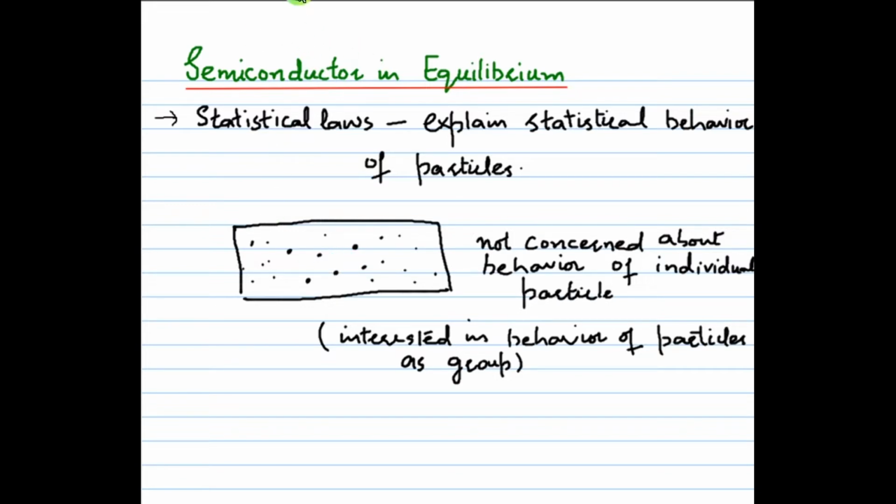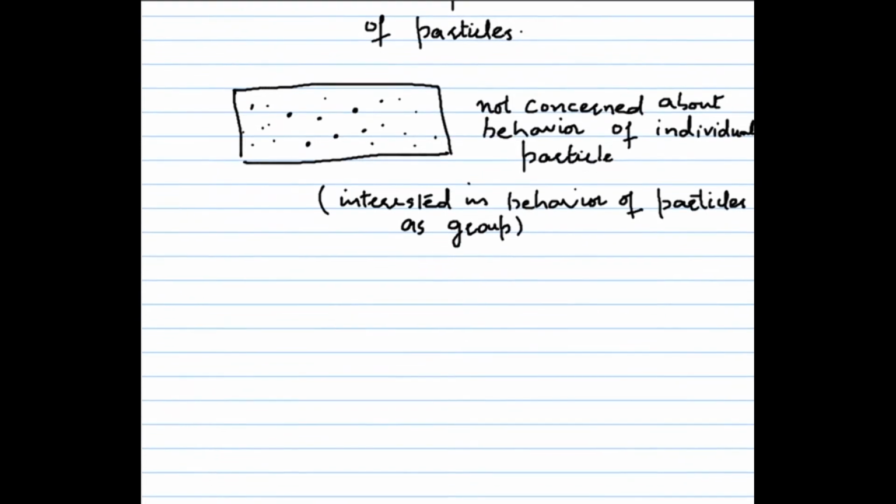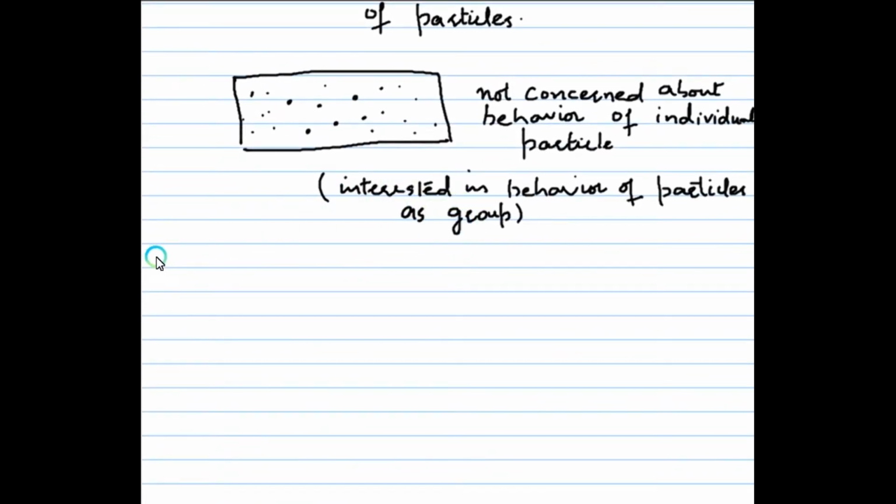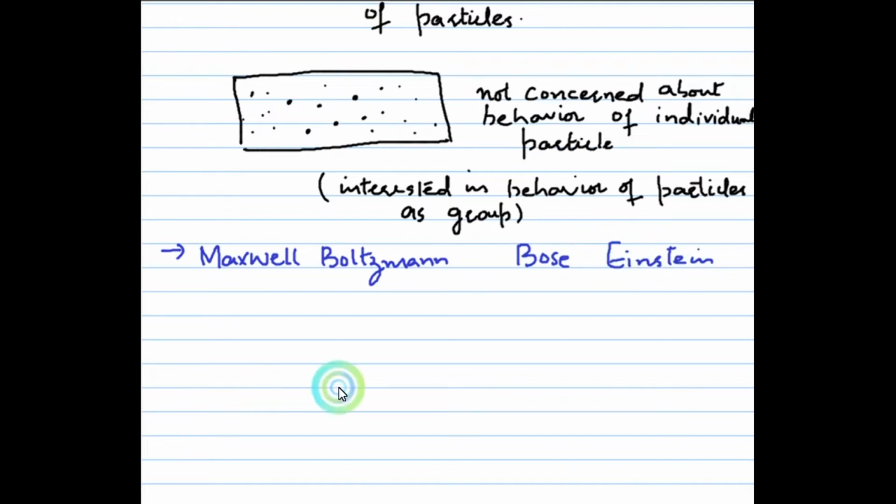Okay, now let us go to the types of statistical laws which we have. We have the very famous Bose-Einstein law, we have the Maxwell-Boltzmann law, and we have the very famous Fermi-Dirac distribution function.